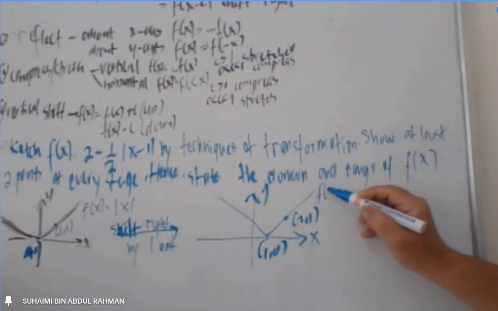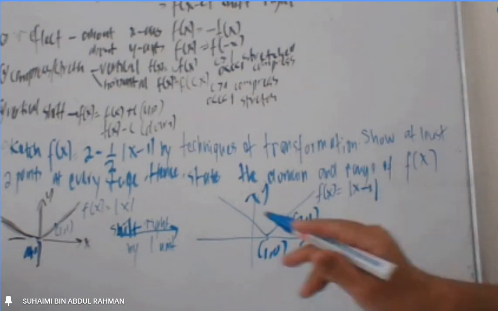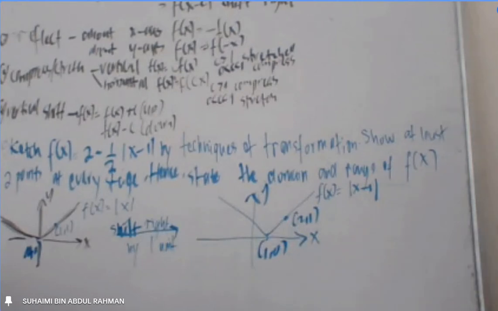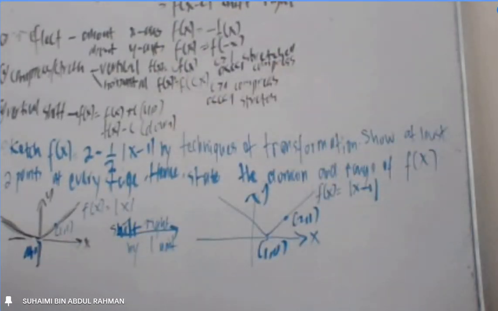And what is the new function now? Our new function is the absolute value of x minus 1. One transformation involved: shifting. We go to the next one.